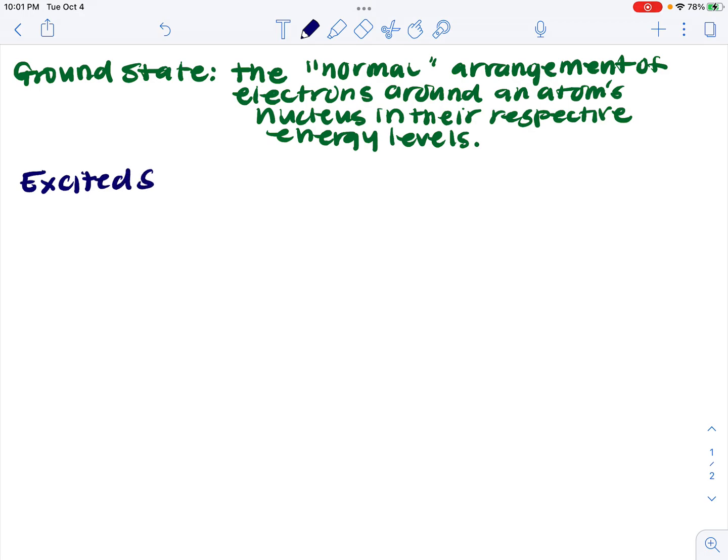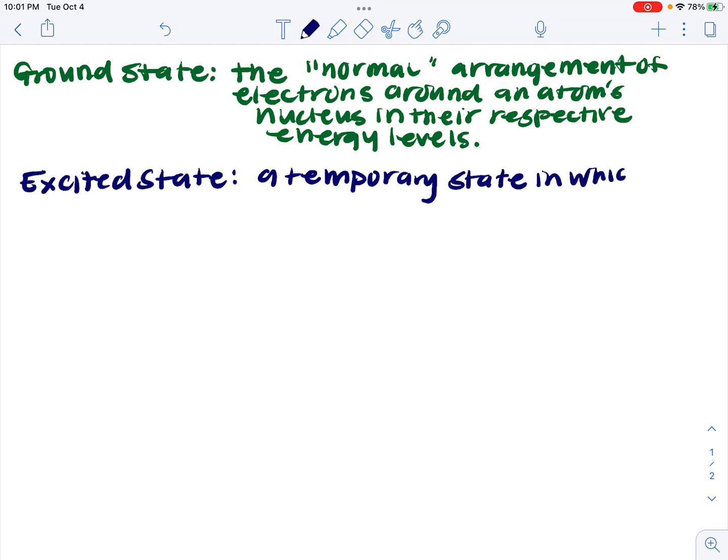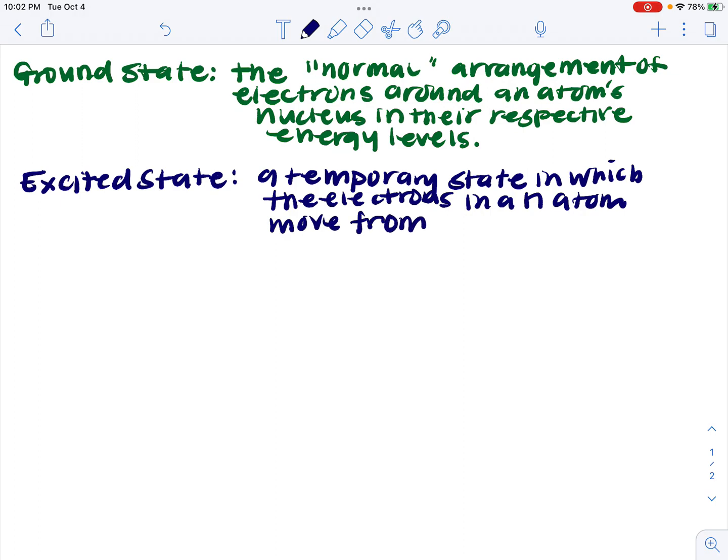But this leads us to what an excited state is. An excited state is a temporary state in which the electrons in an atom move from one state to another, from one energy level to another energy level.